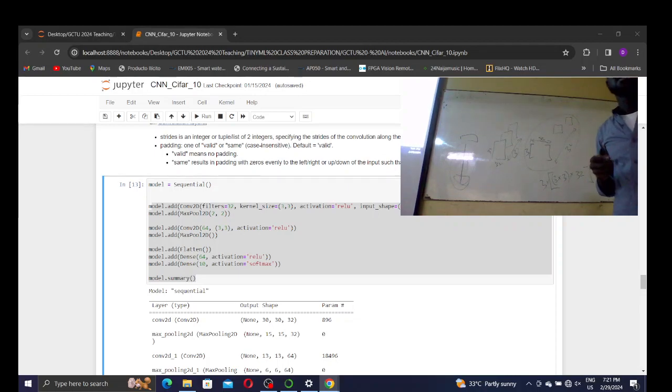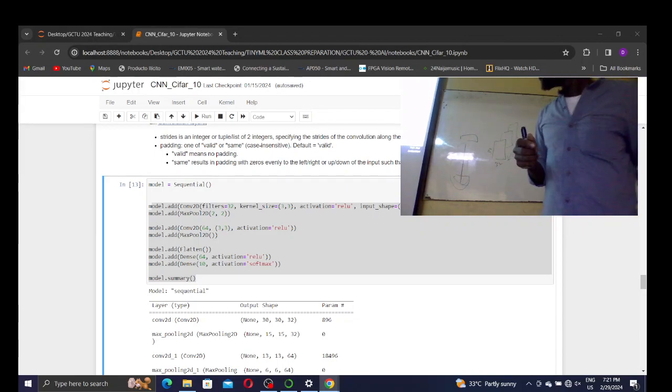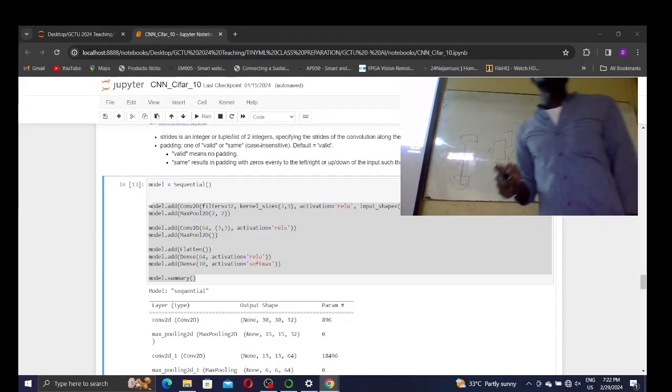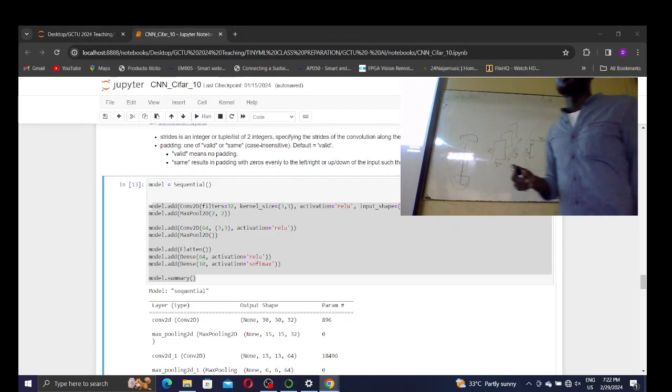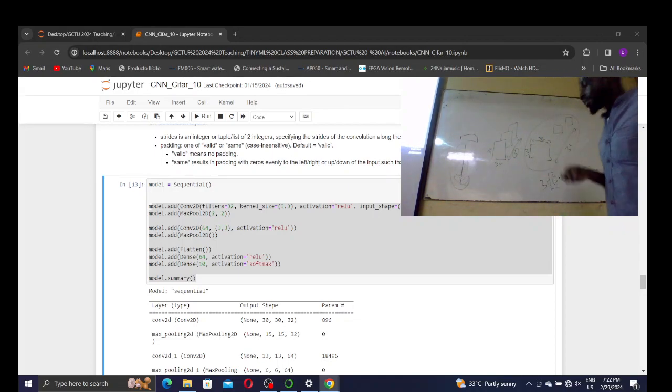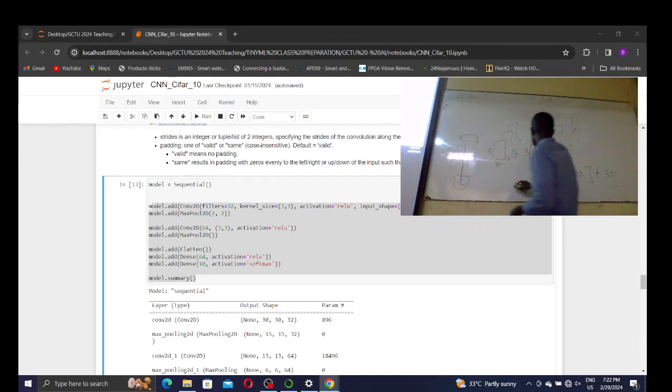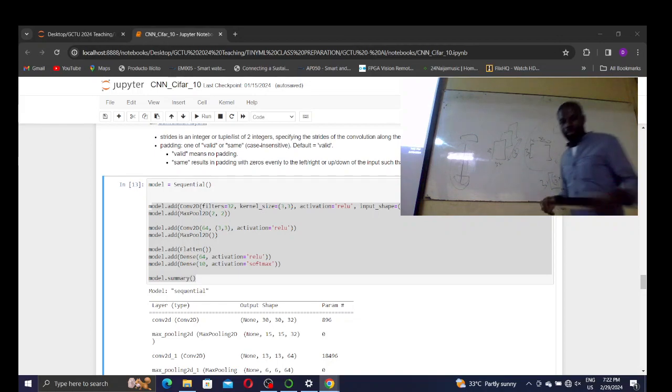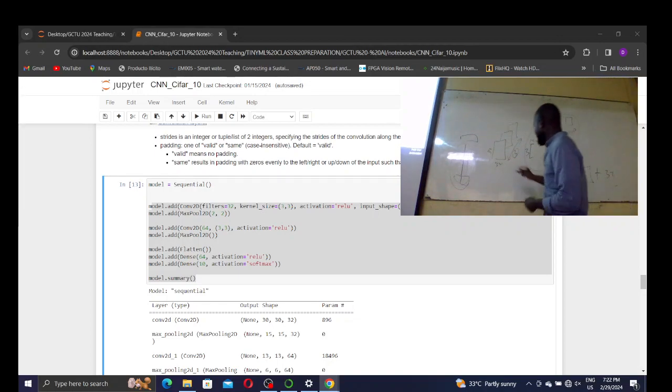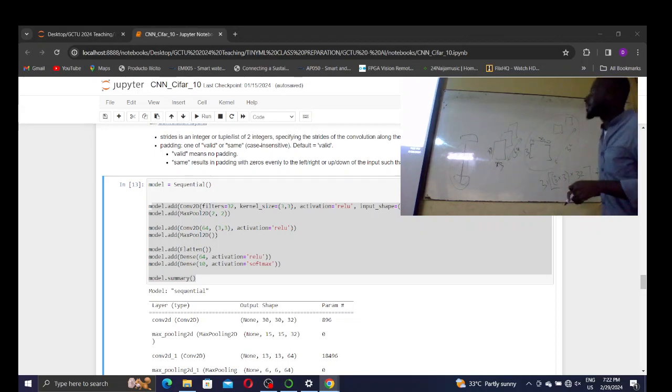Have you had it? 13 by 13 by 64 here. And then the kernel is 3 by 3 by what? 3 by 3 by 64. Here it has changed to 64.